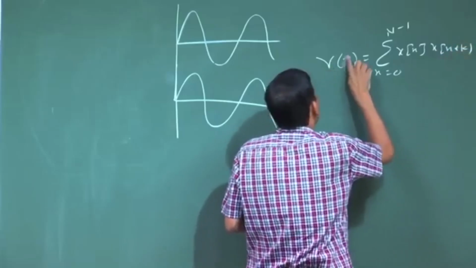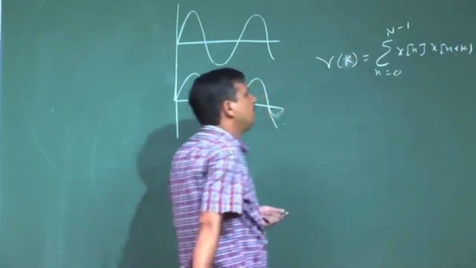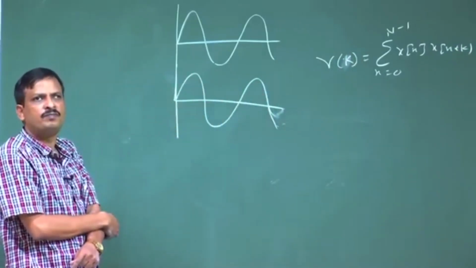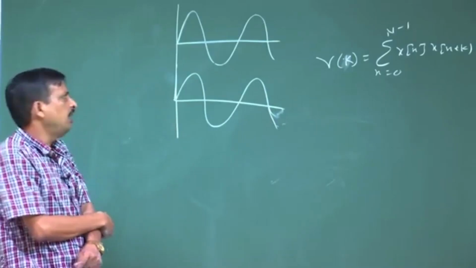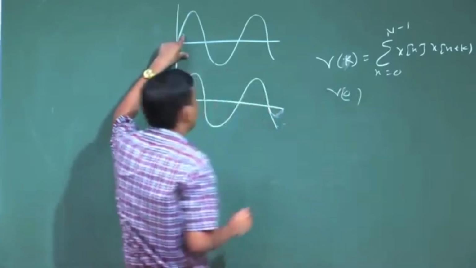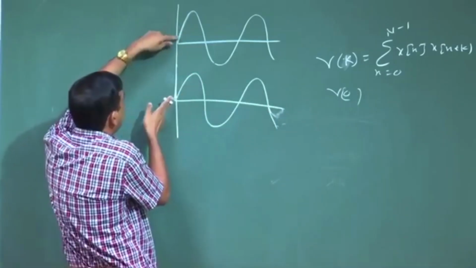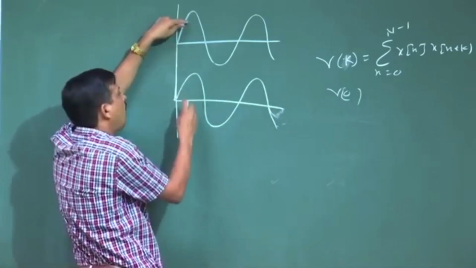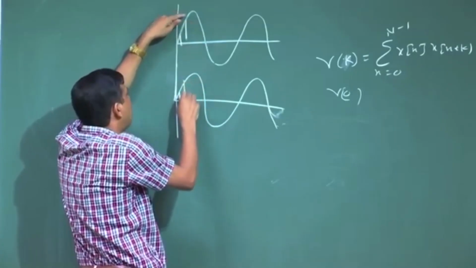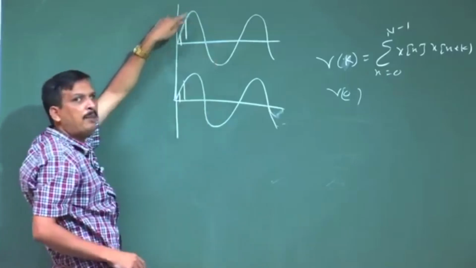Let us write k instead of tau. Autocorrelation. Okay. Now, for R0, if this is my signal, the first coefficient is nothing but the product of all the samples, like this sample multiplied by this sample. So, I get the maximum value.